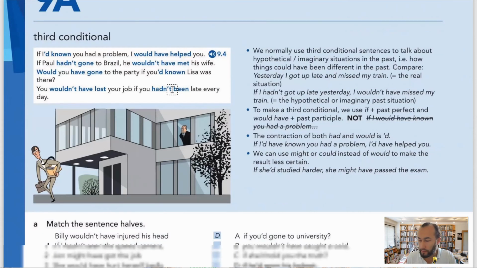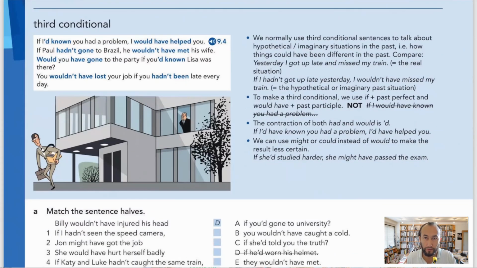So third conditional, there are two things we should know about it. The first thing is how it looks, or how do I recognize it in sentences, right? And the second thing is when am I going to use it, or in which situation am I going to use it, right?